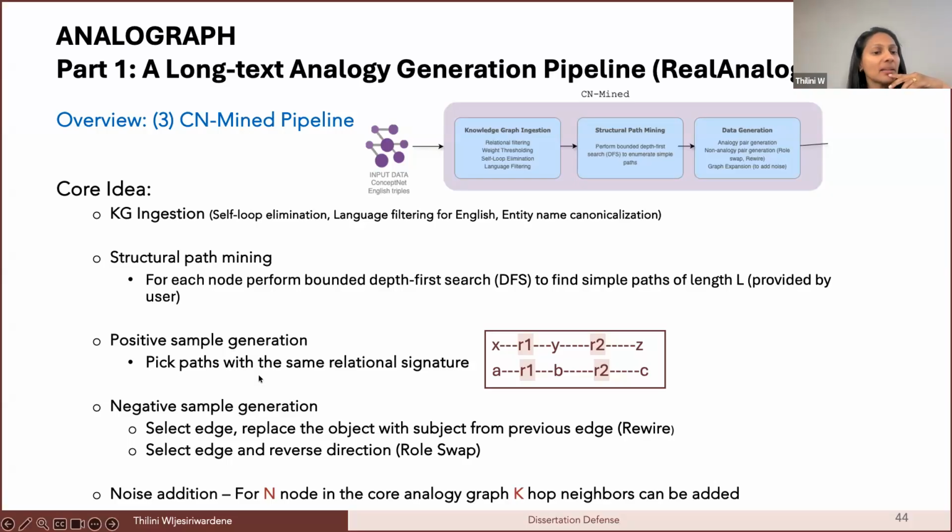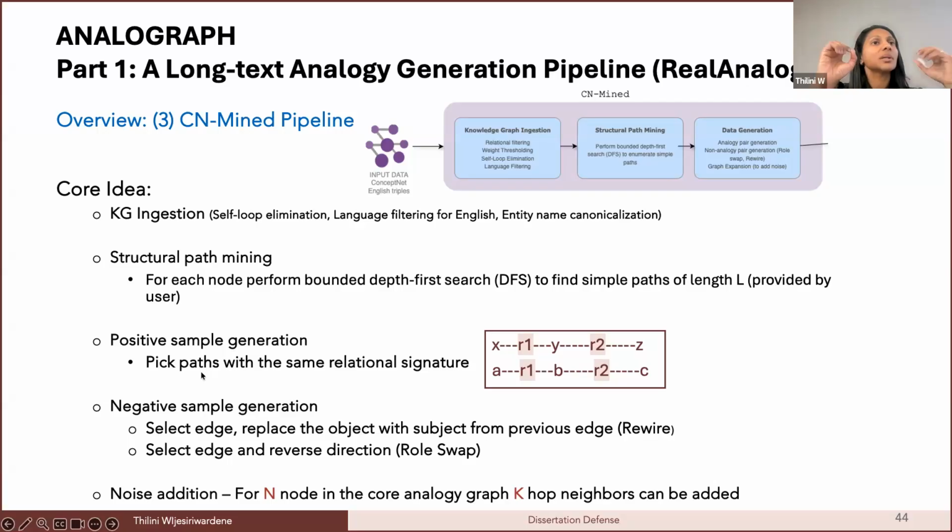Then you pick paths with the same relational signature, and they would be the positive examples. For negative examples, you would corrupt one of the graphs. You could select an edge and replace its object with the subject of another edge, or you could select an edge and reverse the direction. This corrupts one graph so it no longer has the analogy that you had.